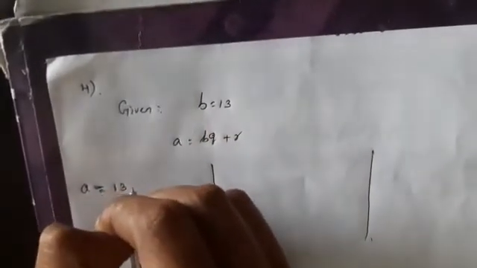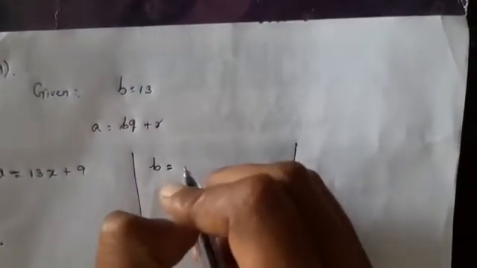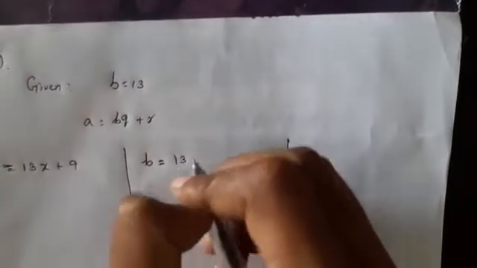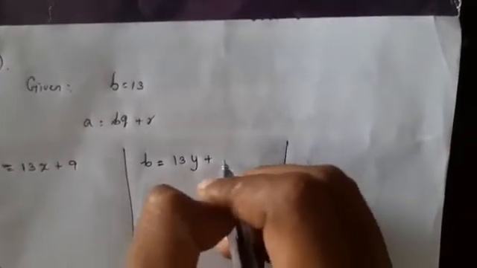So first one, a is dividend, divisor is equal to 13, remainder is equal to 9. First one, a is equal to 13x plus 9, where divisor is 13 and quotient is x, remainder is 9. Second part, b: divisor is equal to 13, quotient is equal to y, remainder is equal to 7.